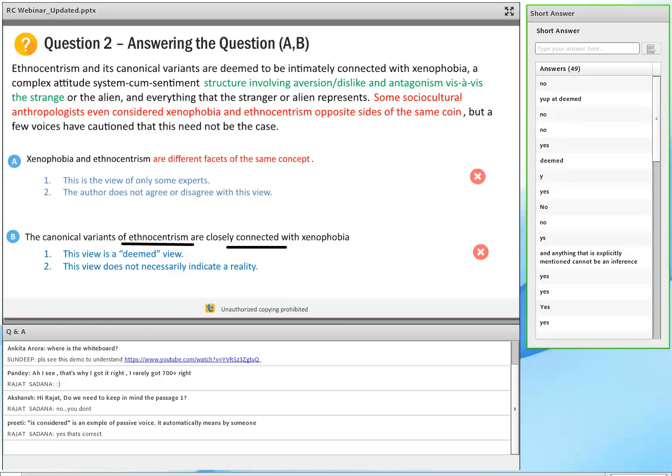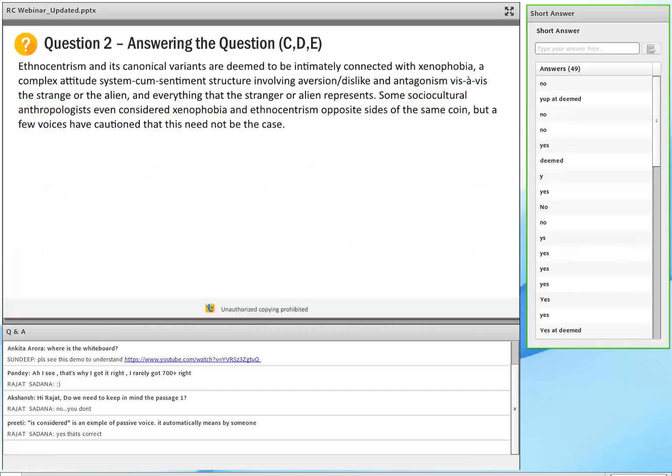When you say they are considered to be, then it means that they may be connected, they might not be connected. I don't have an opinion on it. Okay, if I'm presenting this information to my bosses, I'm presenting this as a fact that they're considered to be. I don't agree with it, I don't disagree with it. I don't have enough information to make a judgment on it. And which is why we can't call it an inference.